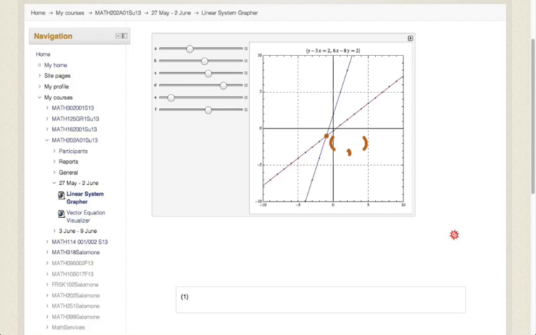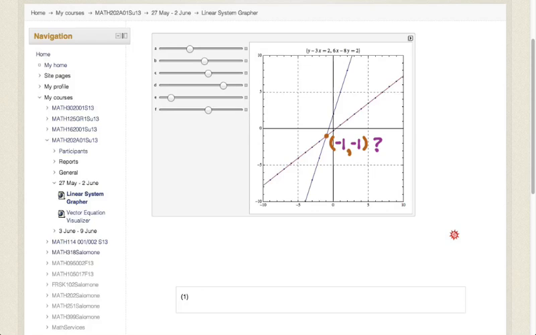Where does it look like the location of this point is in Cartesian coordinates? Yeah, it looks like x equals -1 and y equals -1, right? So let's let that be our hypothesis. We'll be good scientists about this. Our hypothesis is that the solution of this system is x equals -1 and y equals -1.